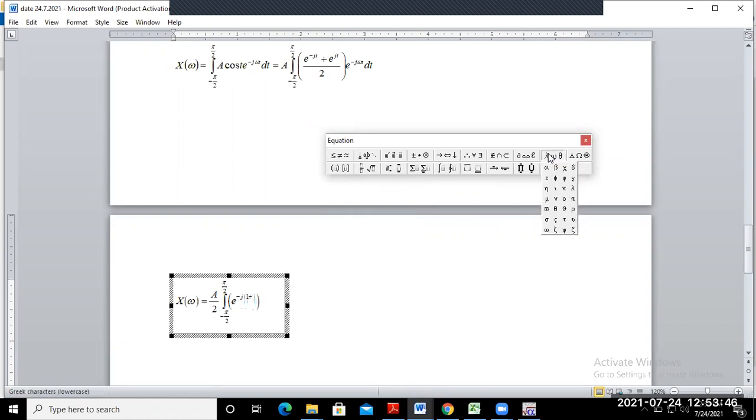Similarly, what will happen for the second term? The second term can be written as e to the power j into 1 minus omega into t.